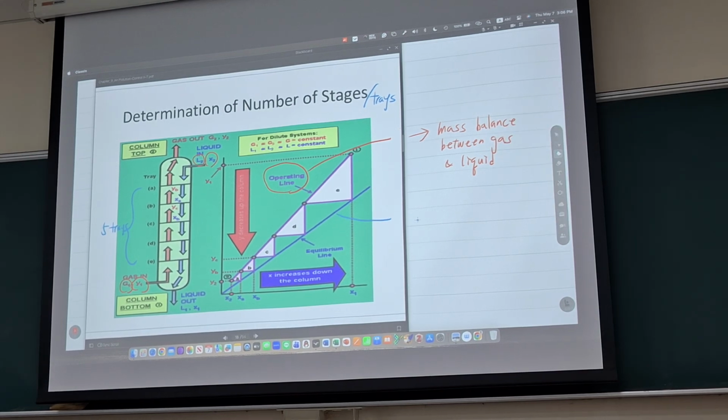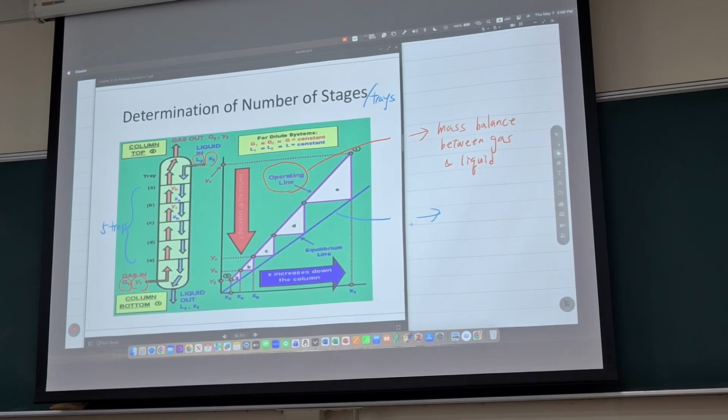And these blue lines are called equilibrium lines.